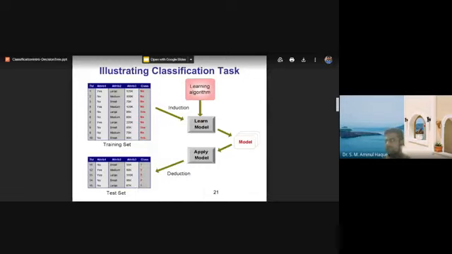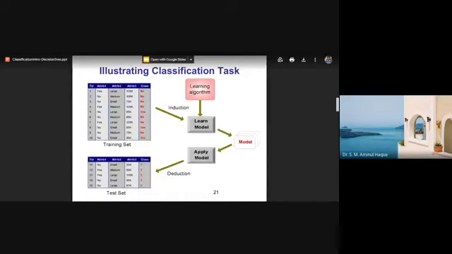Here come the different models: we can apply a decision tree algorithm, SVM, neural network, naive Bayes. Whatever algorithm we apply on this training data, it learns from this data, and we get a model, right? To evaluate this model, we use the test data to see how good the model is.